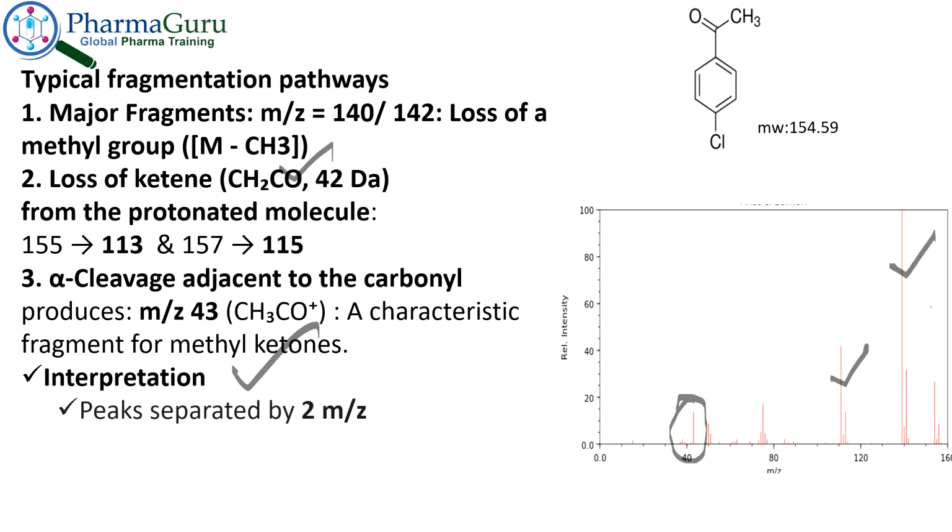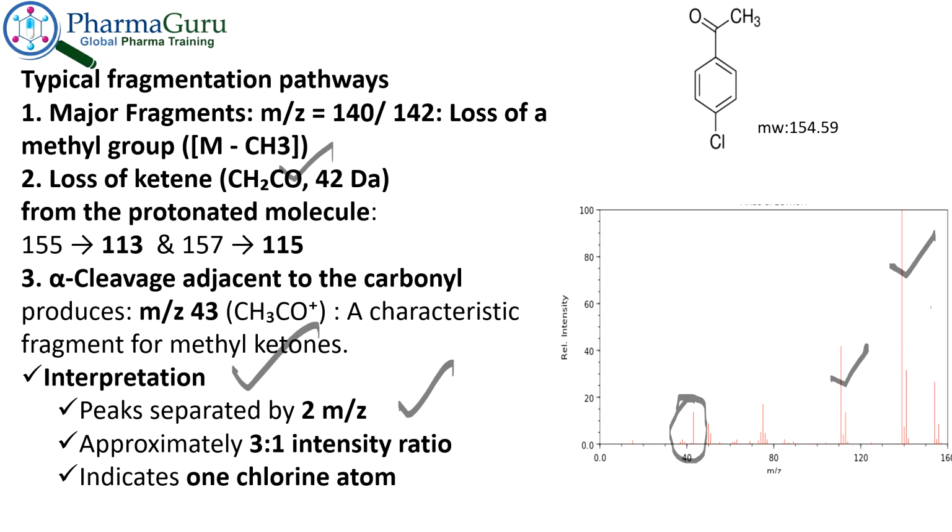Interpretation: peaks separated by 2 m/z, with approximately 3:1 intensity ratio observed in the spectrum, indicate one chlorine atom in the structure.